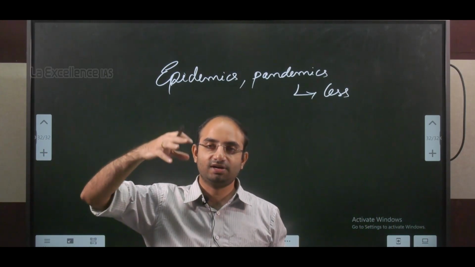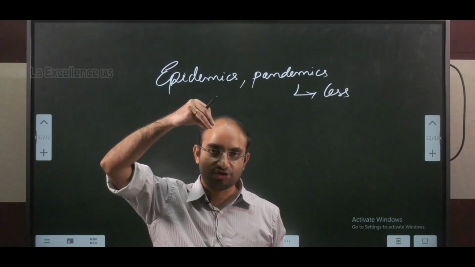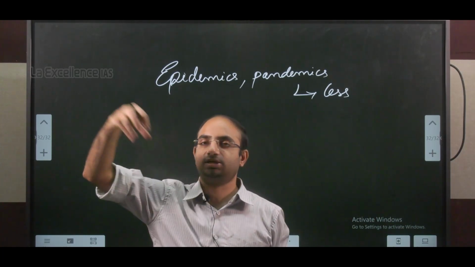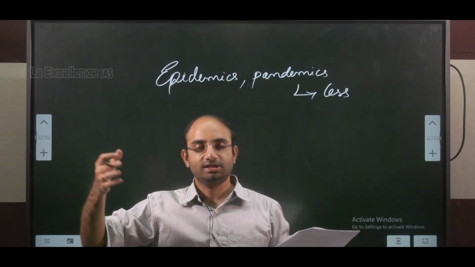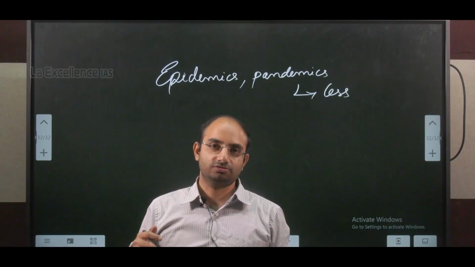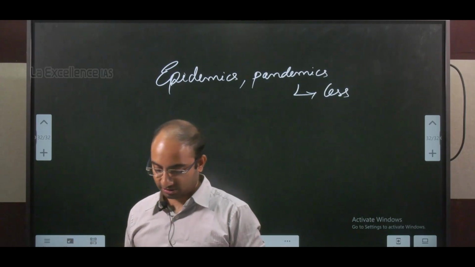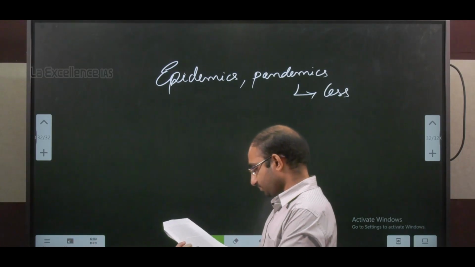So it is very difficult for disease to jump from one group or band to another band because they are living away. And by the time two bands meet, the people with the disease could have recovered. So the virus is not able to spread further. That is why epidemics are very rare.